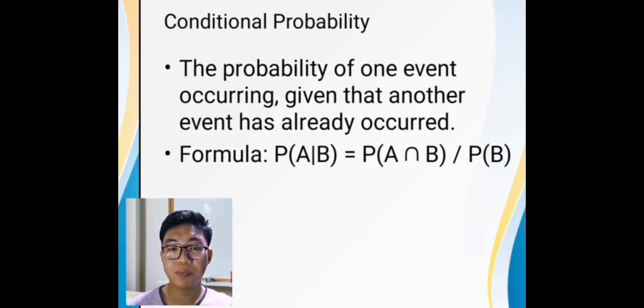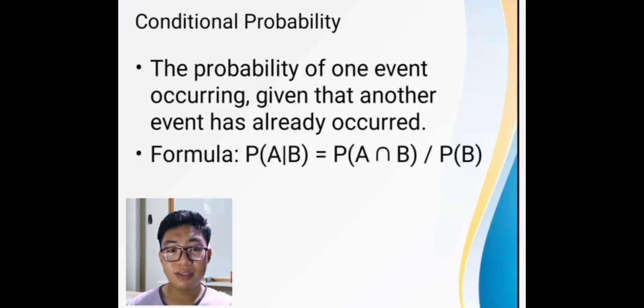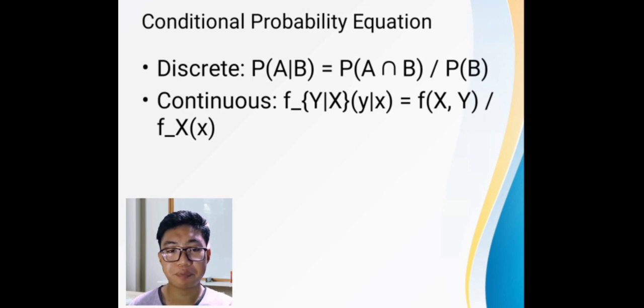So now, let's move on to conditional probability. It is described as the probability of one event occurring given that another event has already occurred. So this is the formula for conditional probability.